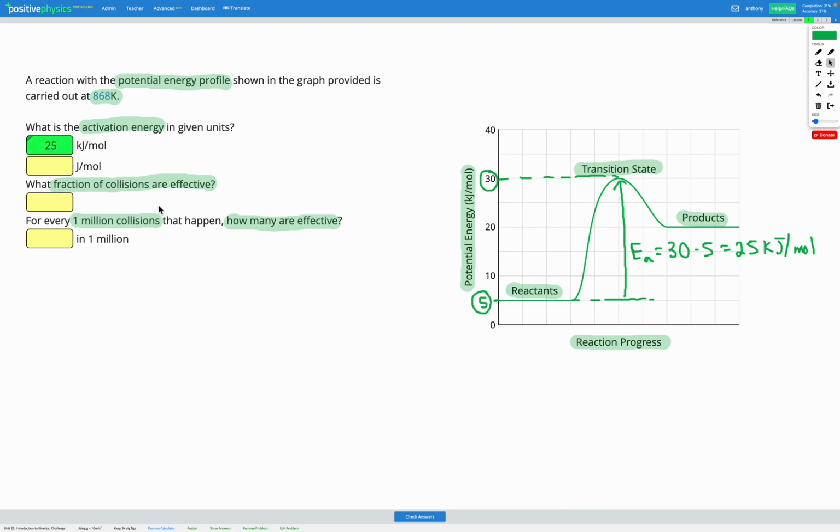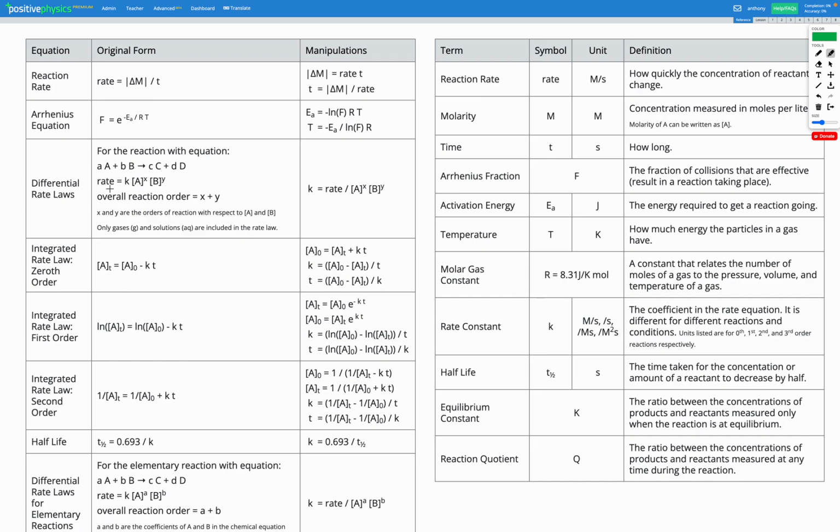Now, we're going to be using it in the Arrhenius equation. Let's go and find that equation now. Here it is on our reference sheet. The fraction of collisions that are successful is e to the power of the activation energy divided by R, which is the gas constant, times T, which is the temperature.